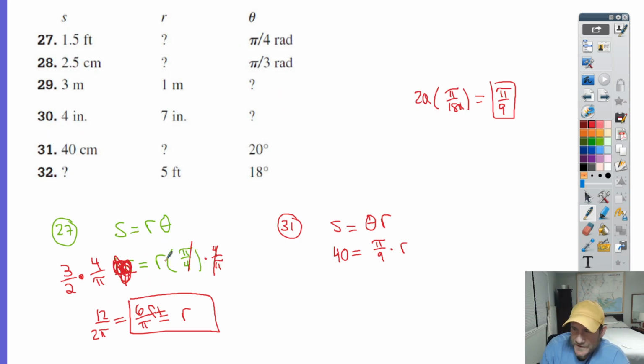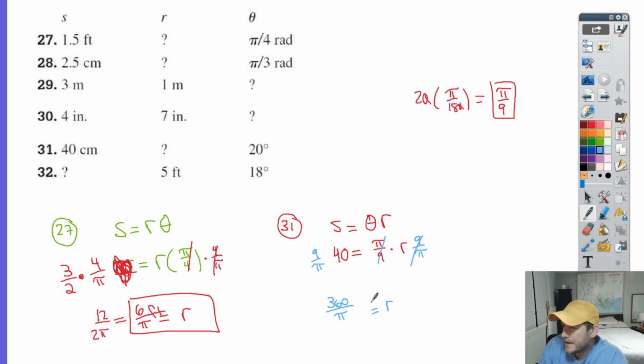So whatever. What we did over here was we divided or multiplied by the reciprocal. This will be the same thing. So I'm going to take my own advice, multiply by the reciprocal rather than imagining it as division. So 9 over pi gets multiplied. That'll cancel, give me r, and then I guess I'm looking at 360 over pi.